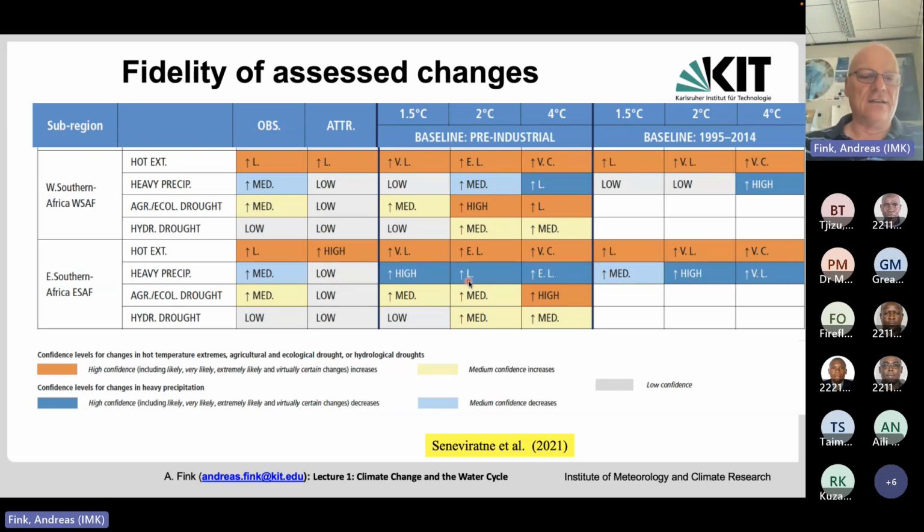So that is definitely a difference. So the basic line is we do see with medium confidence an increase in precipitation and also in ecological drought, and this situation will worsen with higher global warming levels.